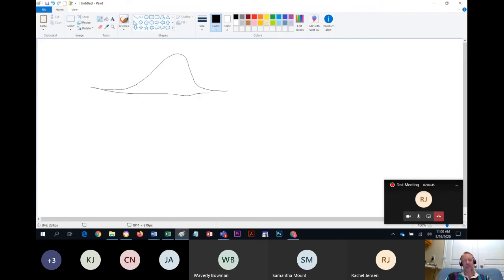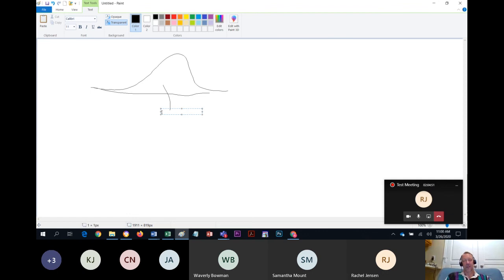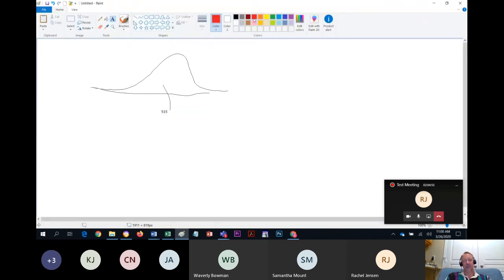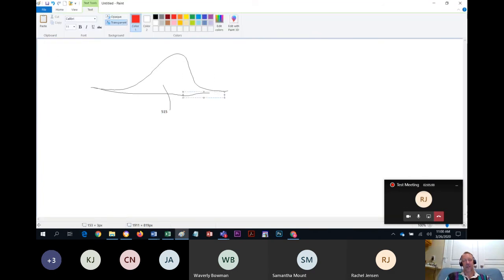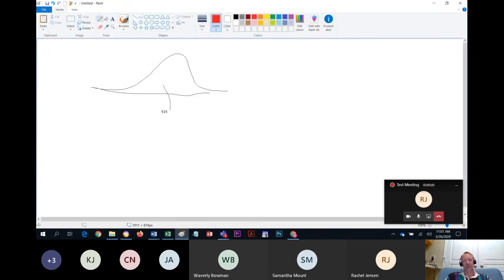So this is going to be 515, and we got another distribution here. Okay, my X bar is 540. I'm drawing with my picture, okay?